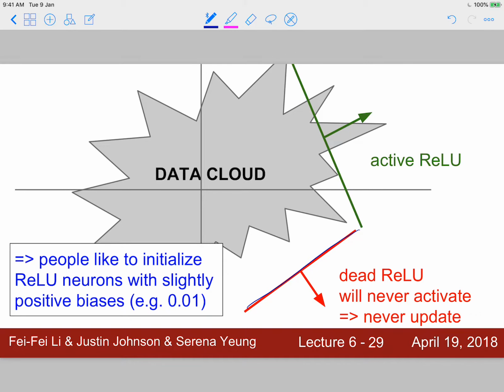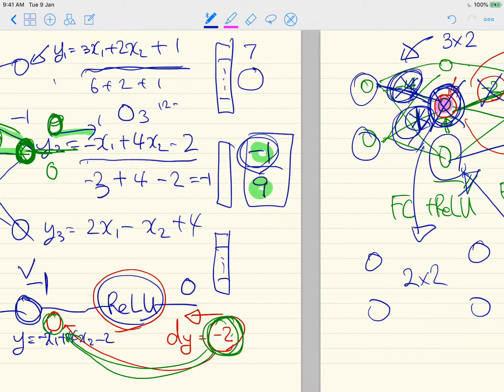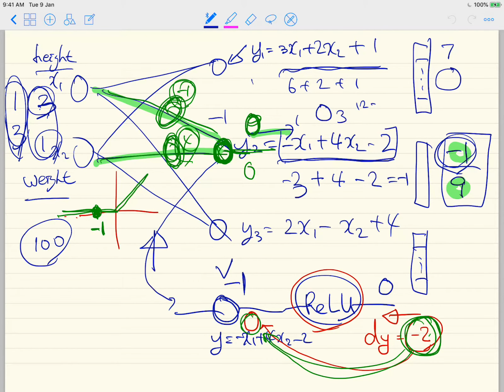So why does it become dead ReLU? Consider this as y.